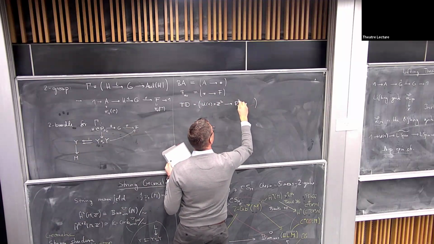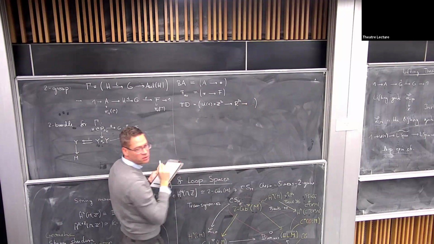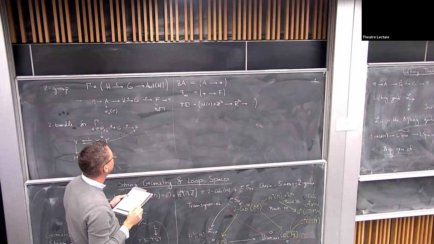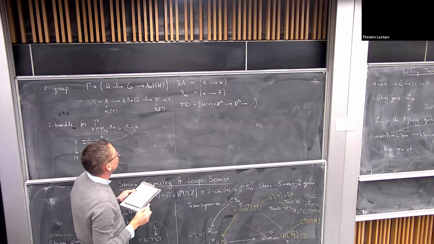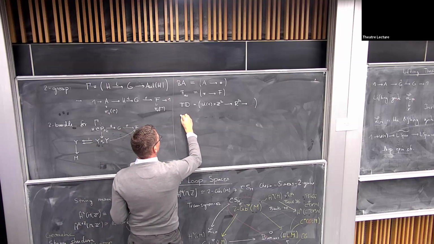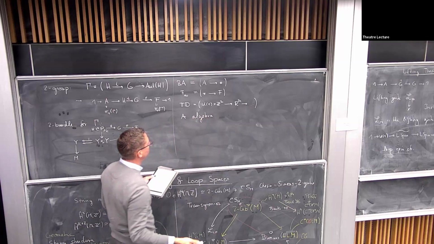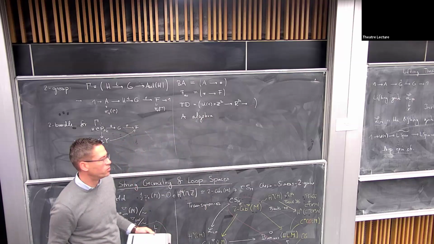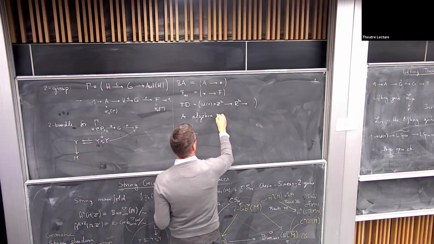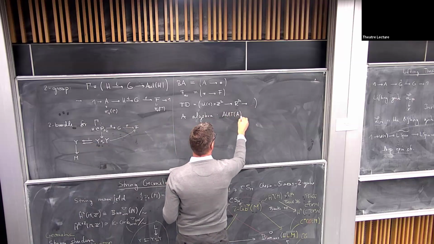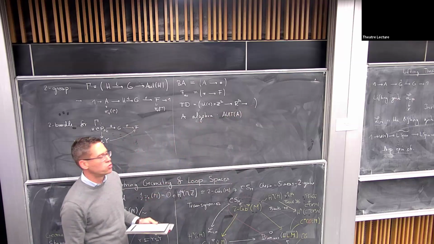And the string group I'm going to explain now. And what else? For example, if you have an algebra, let me explain this. So an algebra, say an associative algebra over a field, then there is a 2-group, I denote by capital Aut A, the automorphism 2-group of that algebra.